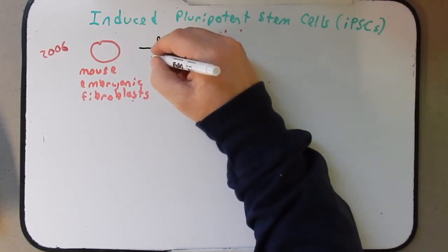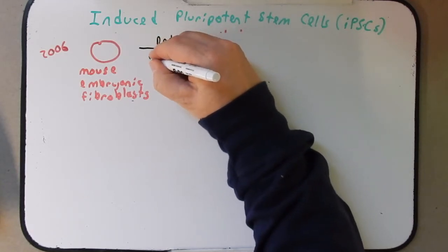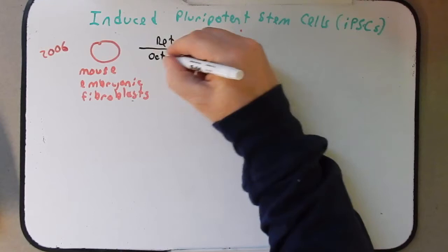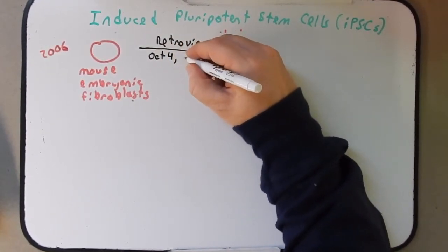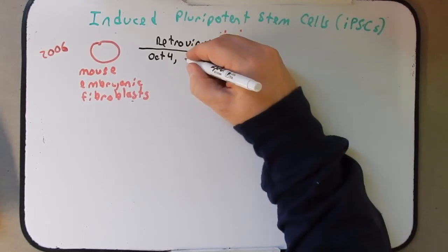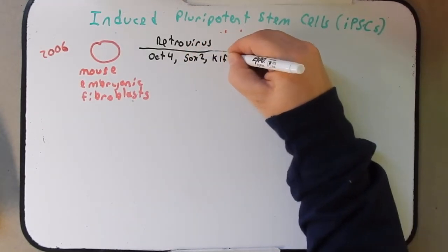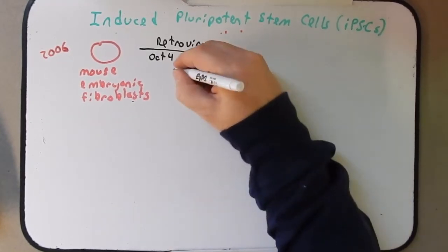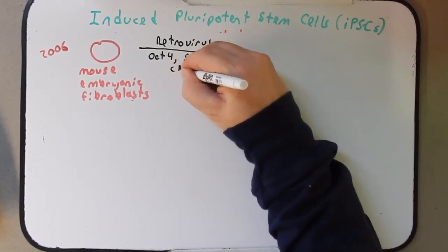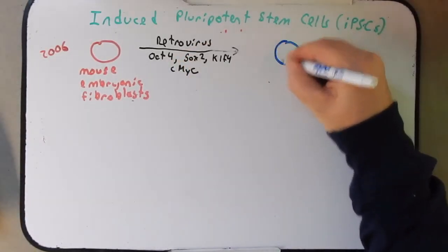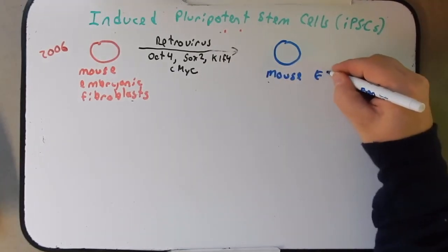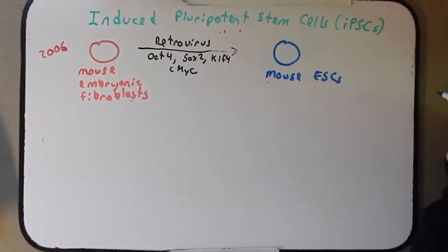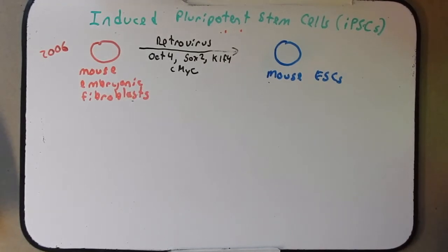And this retrovirus contained the following genes that could be expressed in the new cell. OCT4, which is the transcription factor that we've talked about previously, SOX2, KLF4, and c-MYC. And what resulted were cells that resembled mouse embryonic stem cells, those pluripotent cells.